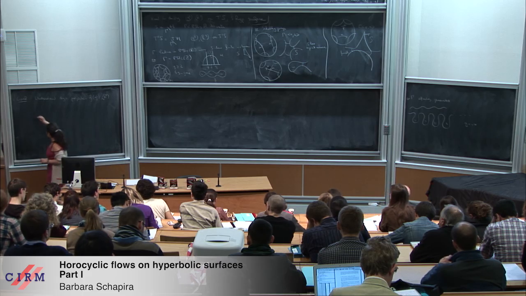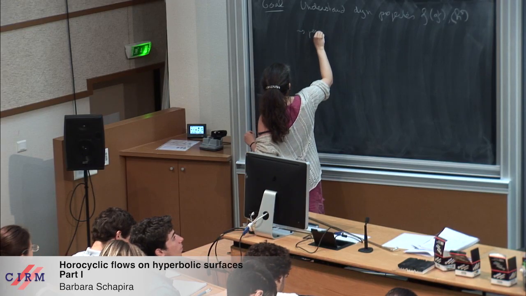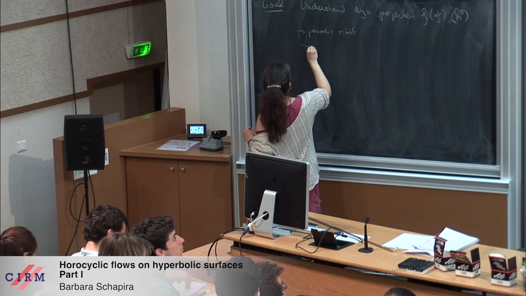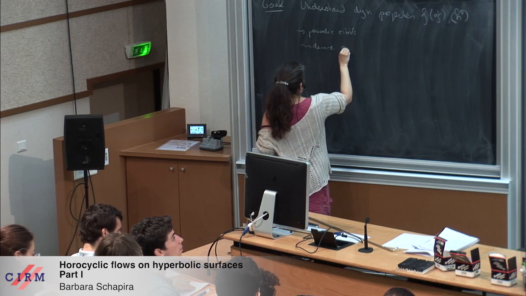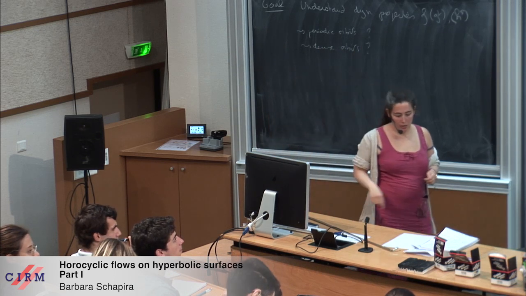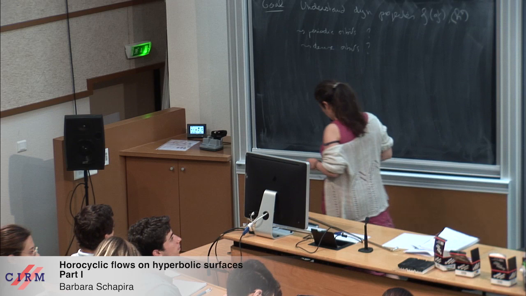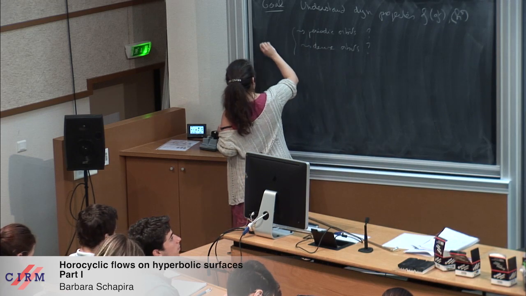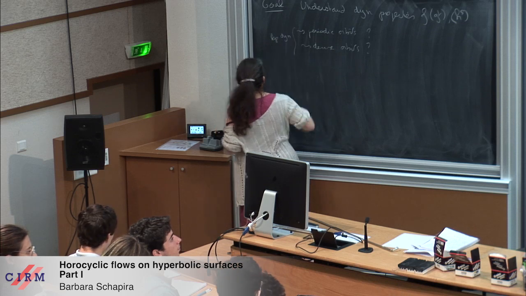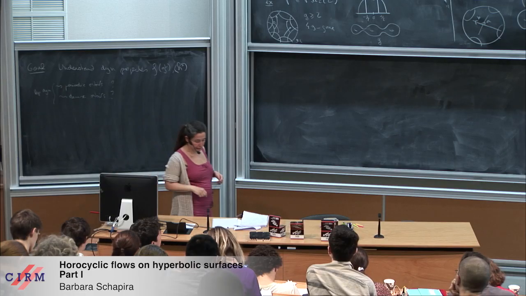But for dynamical systems, you can ask if there are periodic orbits, if there are dense orbits, or if there are more complicated orbits. It is what is called topological dynamics.